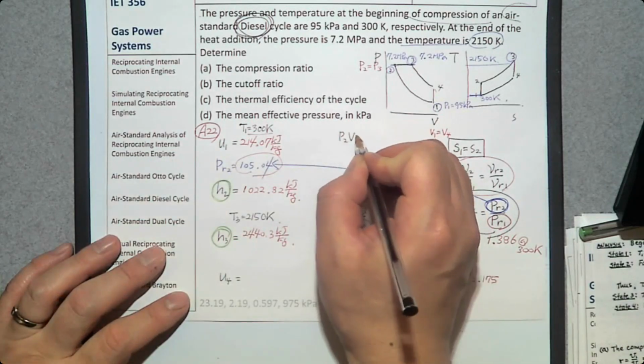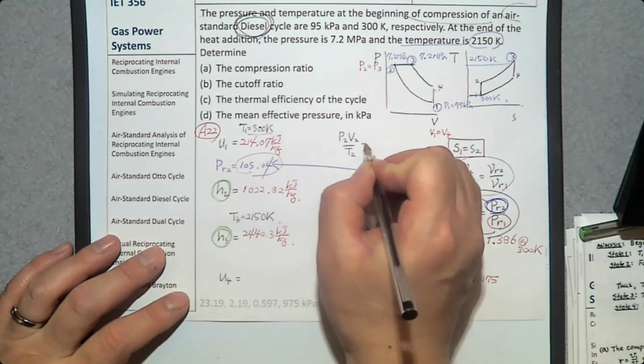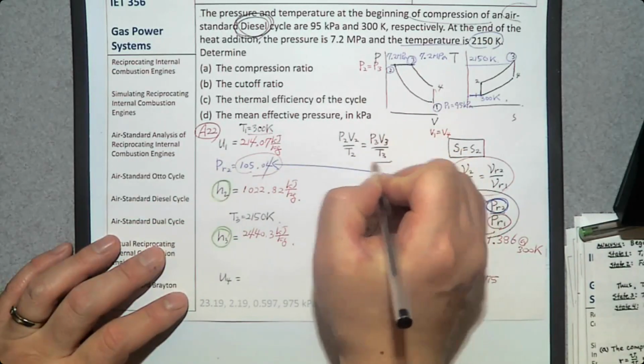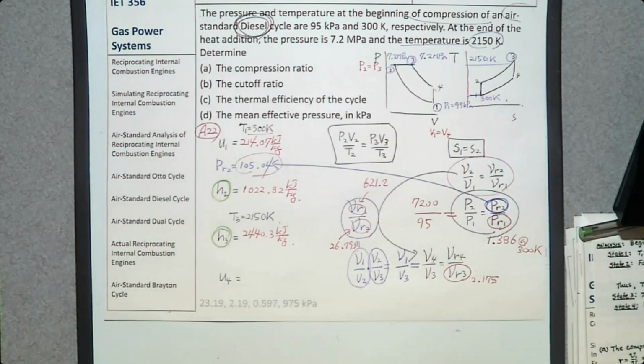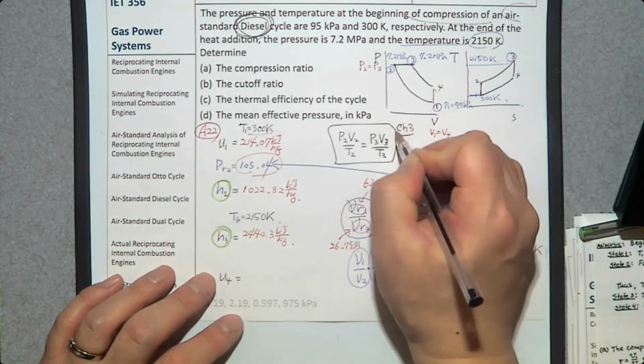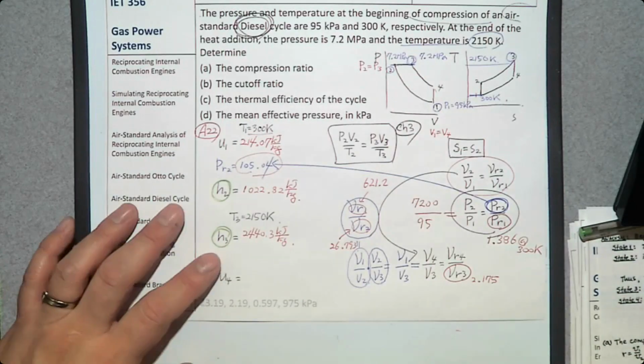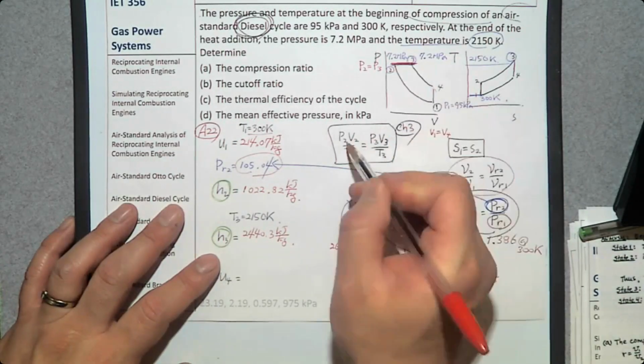P2 V2 over T2 is going to be P3 V3 over T3. Do you remember that in chapter 3? Yes. When we study ideal gas for the first time, right? Yes.